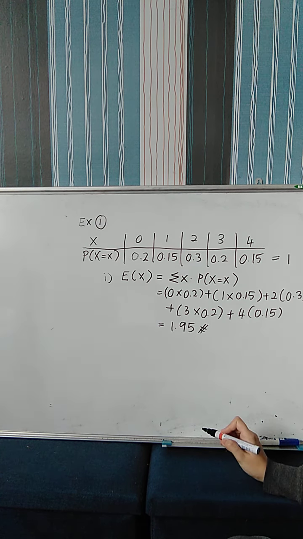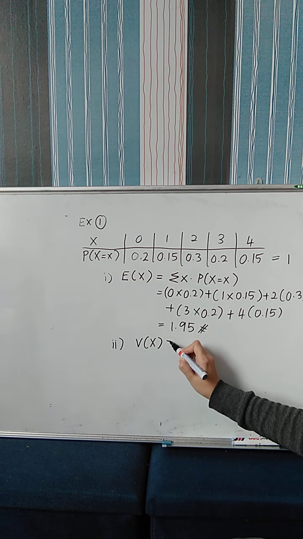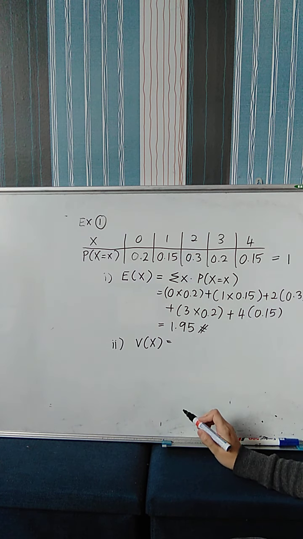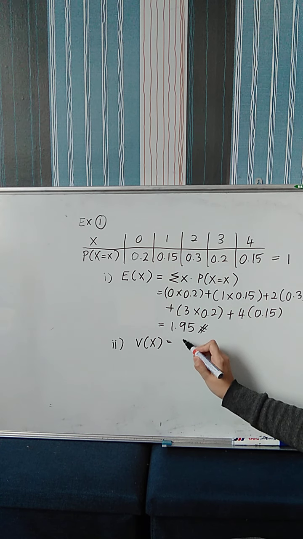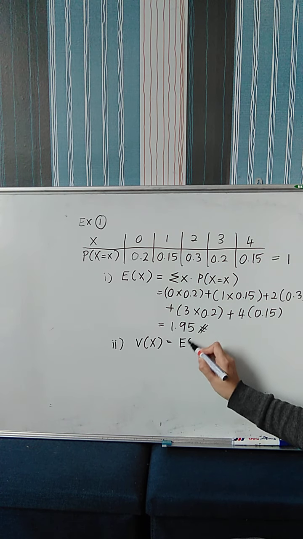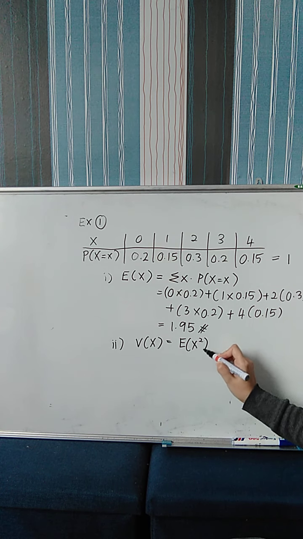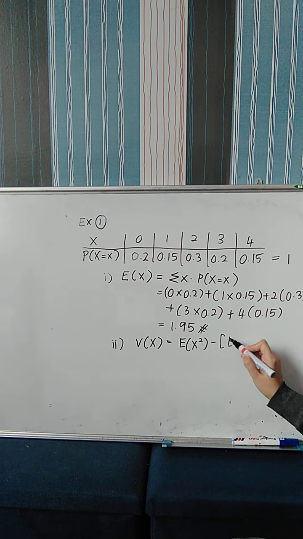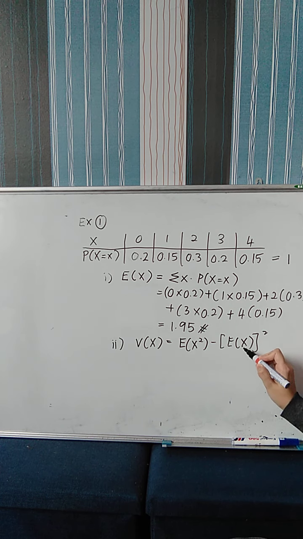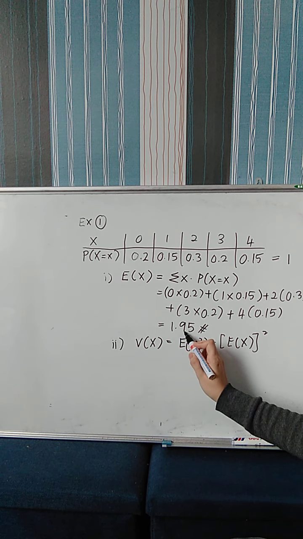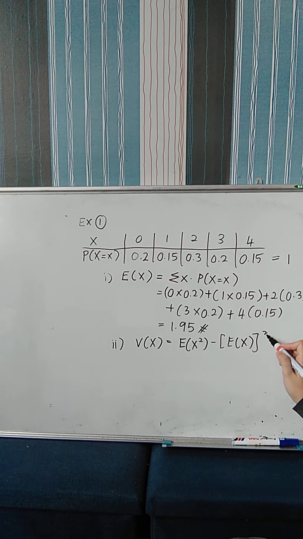Continue to number 2. Variance x. Same, this is from subtopic 7.2. To find the variance x, you must use the formula expected x squared minus expected x, squared. Expected x here is the value of 1.95, you just square it.